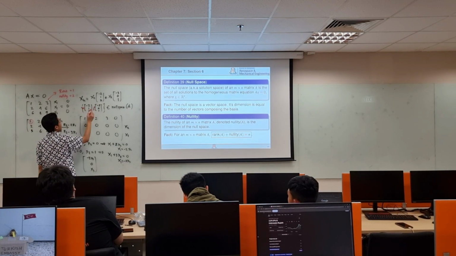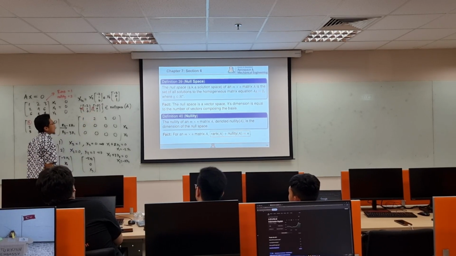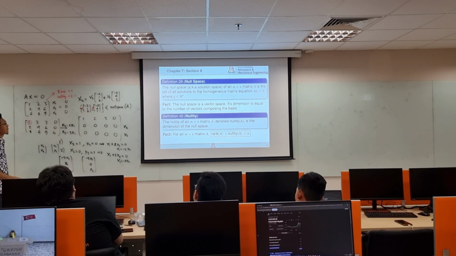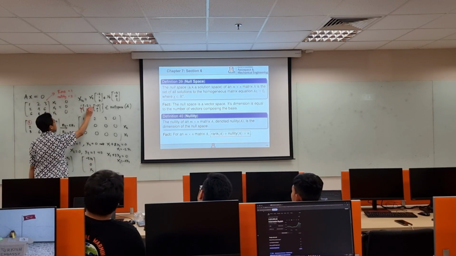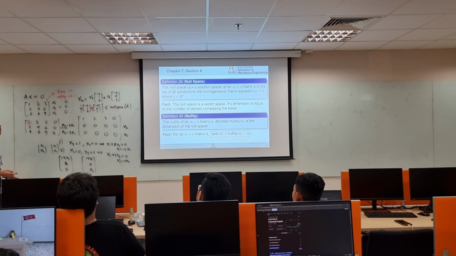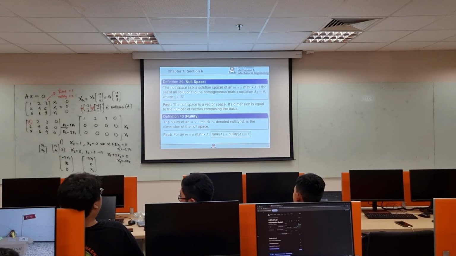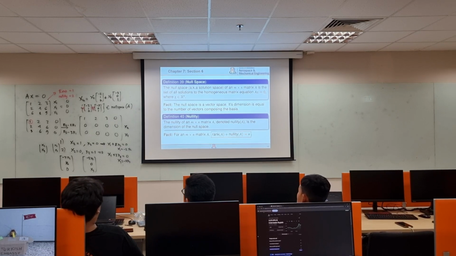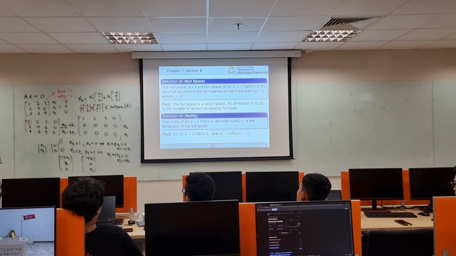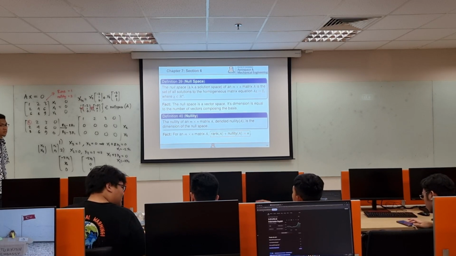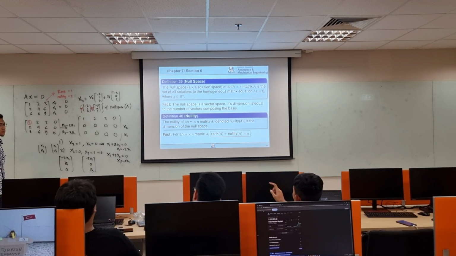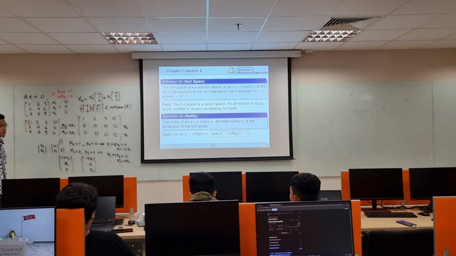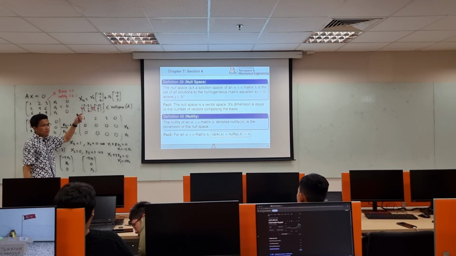You put here alpha times that, plus beta times that, it is the null space of A. So if we plug in A times that, it should be 0, for whatever alpha and beta that you choose.